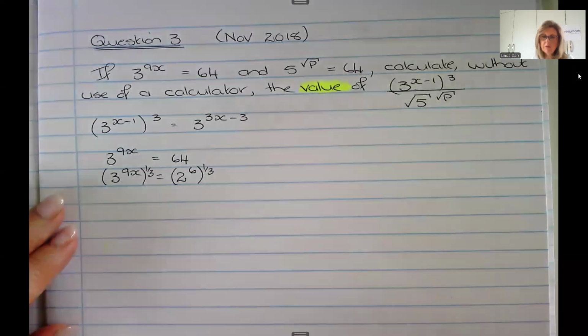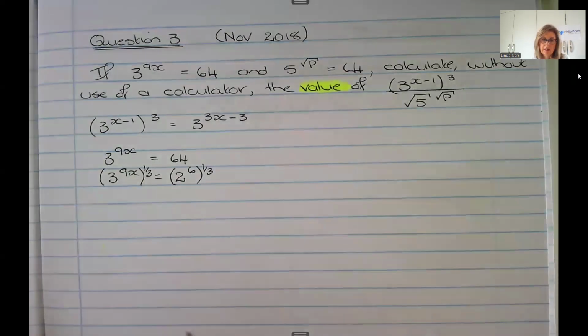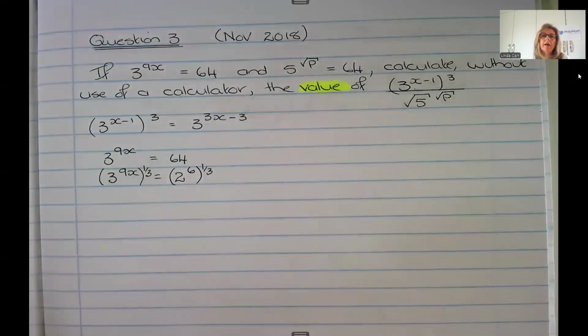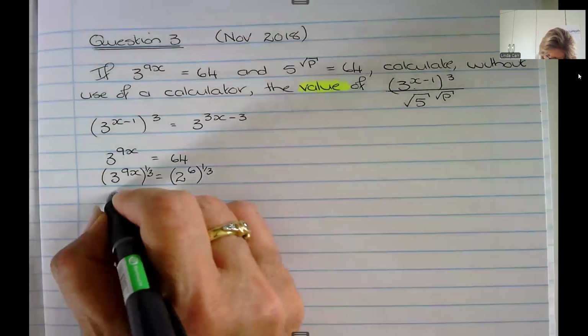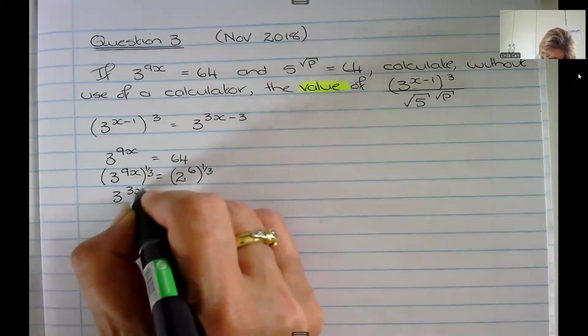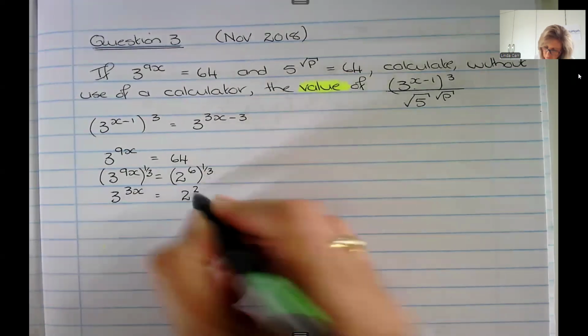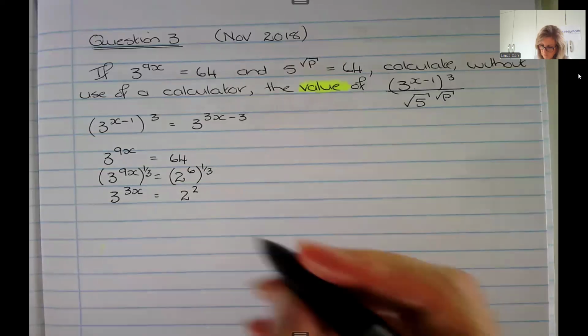And you're going, how did you know to do that? And I'm saying because 1/3 of 9x is 3x, and that's what they're after. This is a level 4 question, by the way. So 3 to the 3x is equal to 2 to the 2, which is 4.